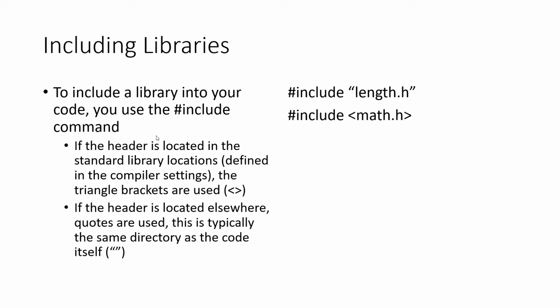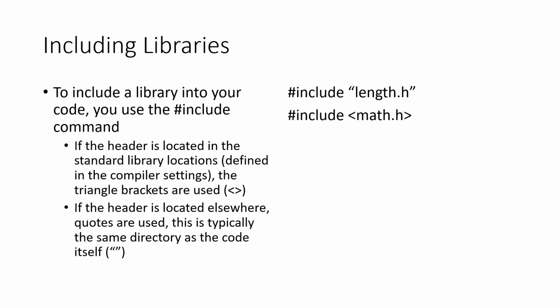Now, if you notice, sometimes you use quotation marks and sometimes you use triangle brackets or angle brackets. The general idea is that the angle brackets are when the library is located in one of the standard library paths. Typically, this is on Linux /lib or can be in other places depending on your operating system.